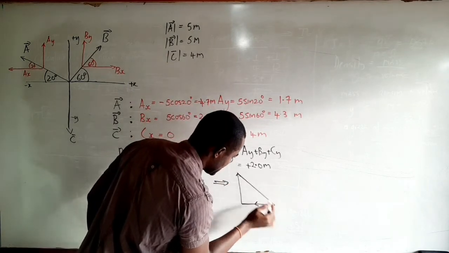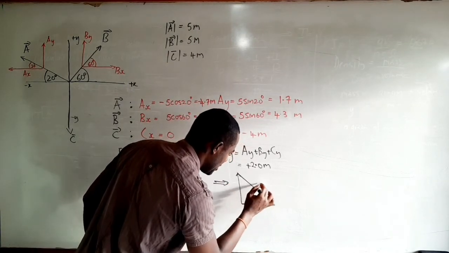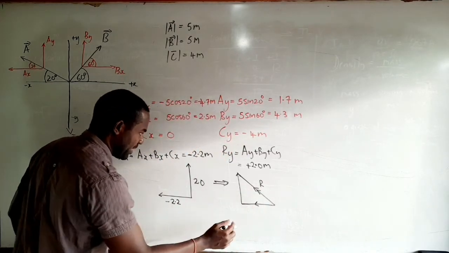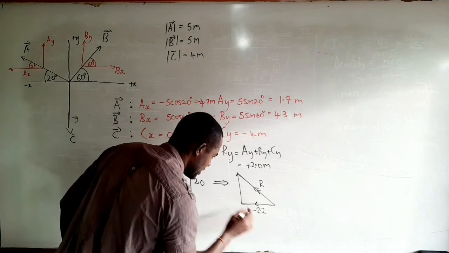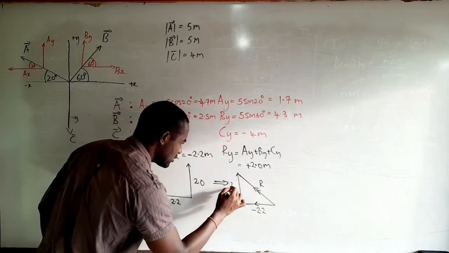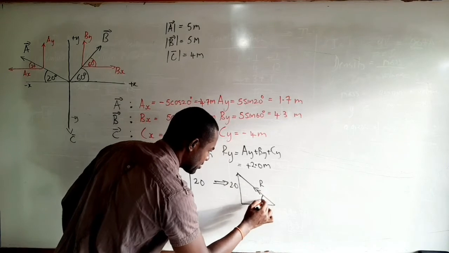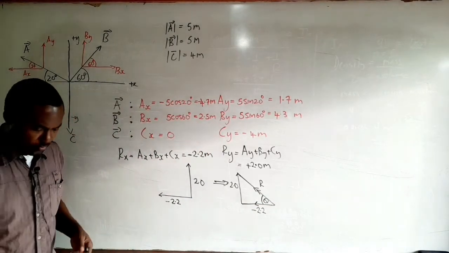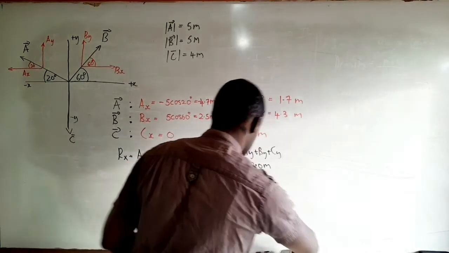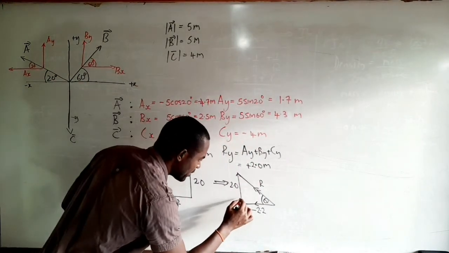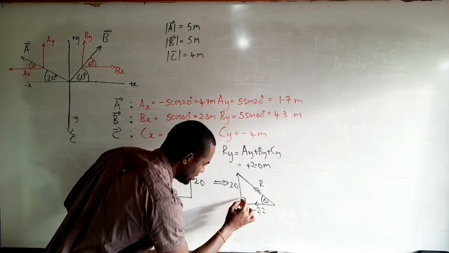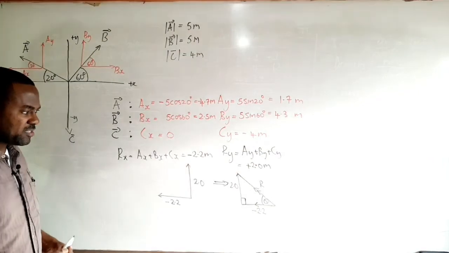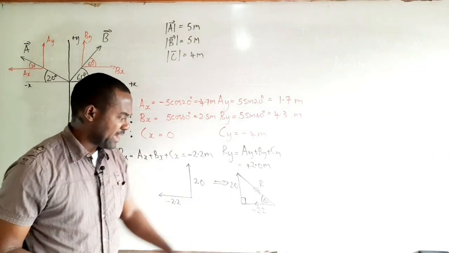And this represents our resultant R. This is our x component, minus 2.2, and this is our y component, 2.0, and let's call this angle theta. Now that we've reduced the diagram to perpendicular components acting tip to tail, we'll proceed to find the magnitude of the resultant using Pythagoras' theorem and the trig ratio to find the angle theta.